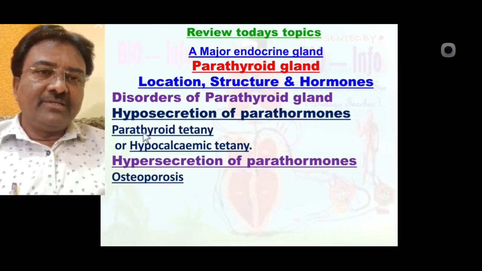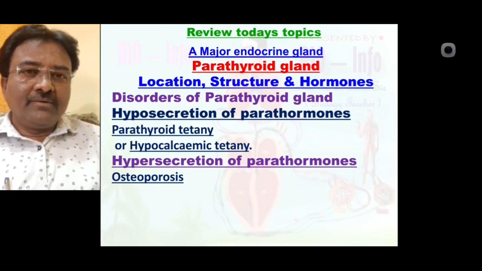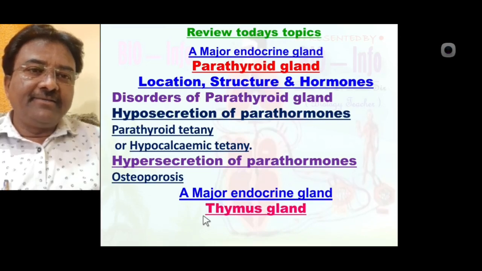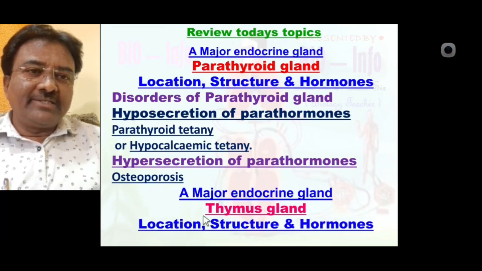So these are the disorders of the parathyroid gland or parathyroid hormone. Today we learned one more major endocrine gland called the thymus gland, its location, structure, and hormones. You know, the thymus gland secretes thymosin hormone.